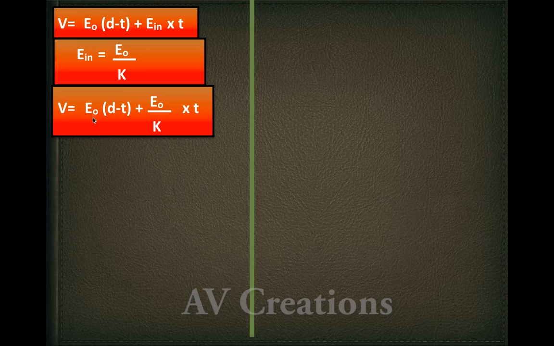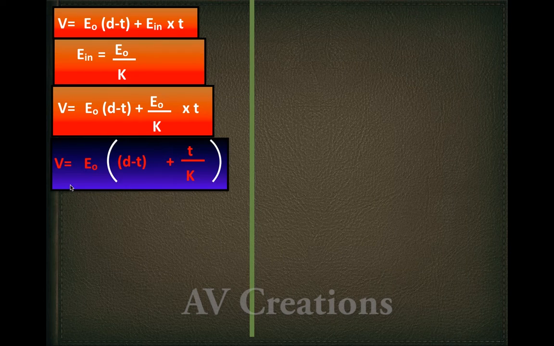So V is equal to EO into D minus T plus EO by K into T. This EO is common, so we can take it out, and the equation will be V is equal to EO into D minus T plus T by K.